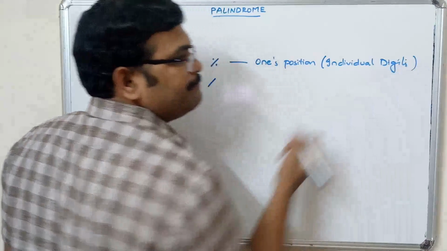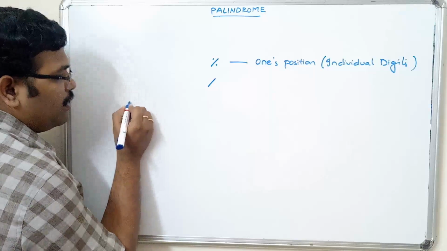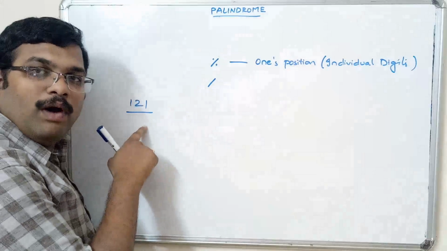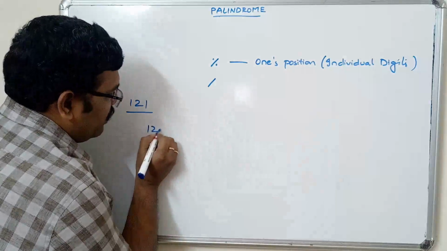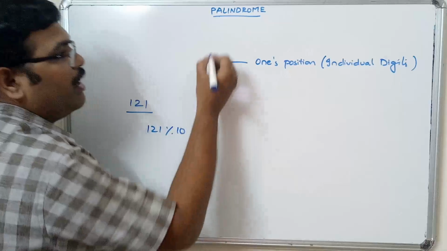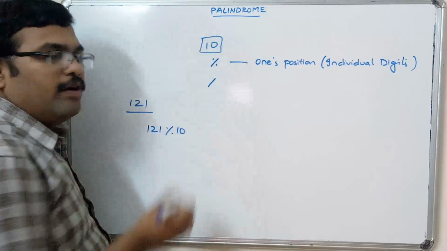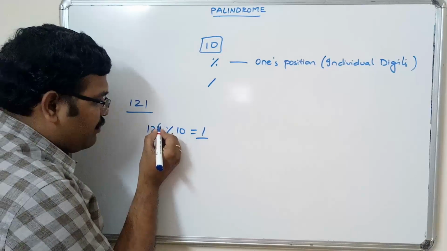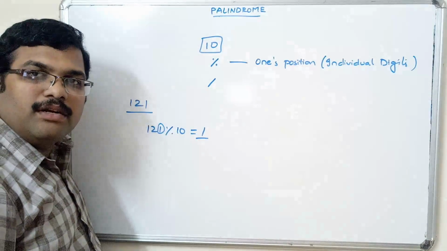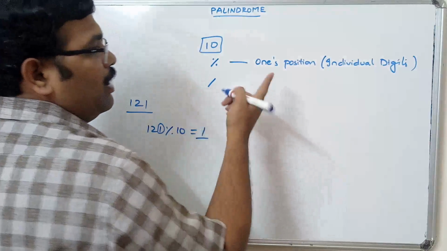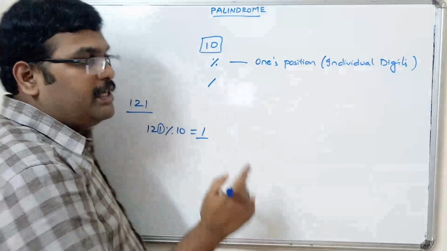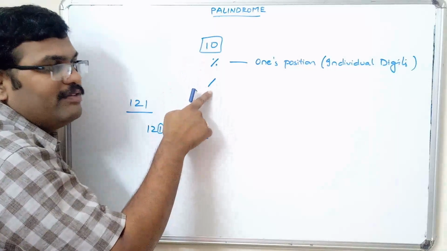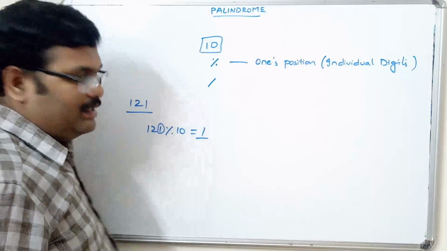For example, consider 121. If you apply mod 10 to 121, we will get 1 as a result, which is the ones position. By combining the mod operator and the division operator, we will get the individual digits.